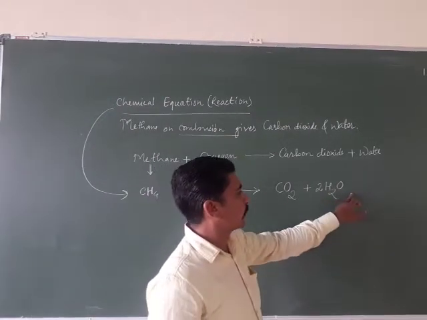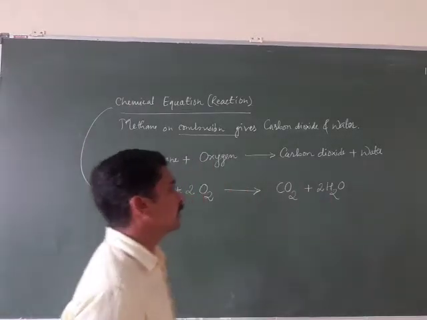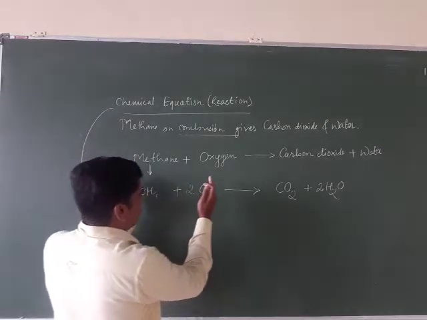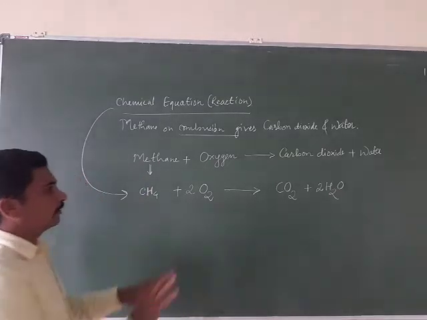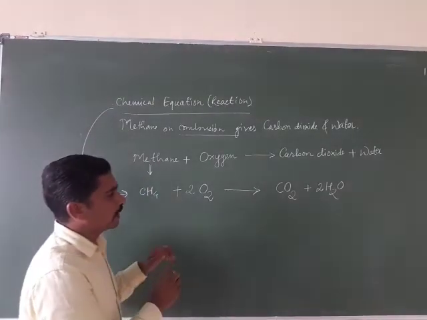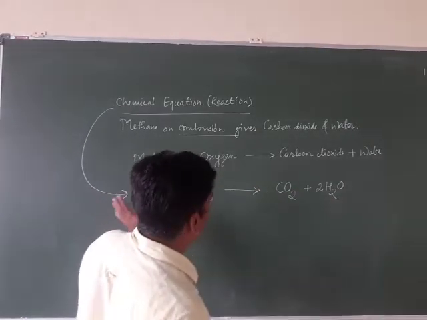Here also there are 4 oxygen atoms and 4 hydrogen atoms on the left hand side, and the same on the right hand side. So the left and right hand sides are equal in mass, number of atoms, and volume.